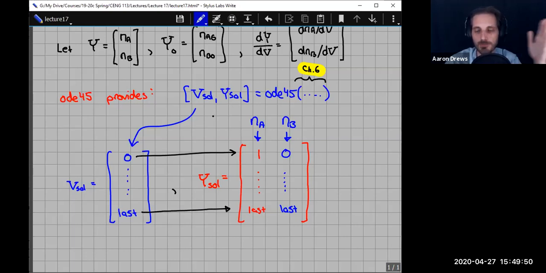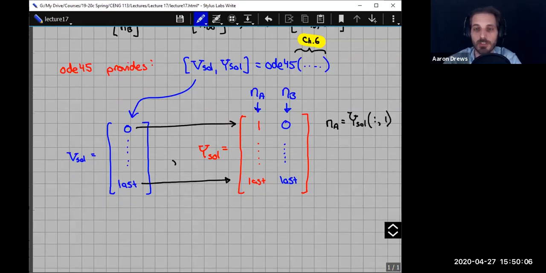If we wanted to extract those values, we could do so with a command like N sub A is YSOL of all rows, column 1, right? Because it's a column vector, and it's the first column of the matrix YSOL. Similarly, N sub B is YSOL of all rows, column 2.